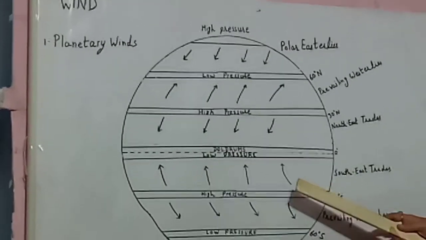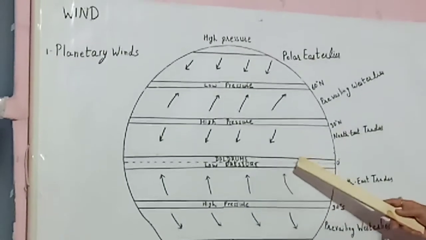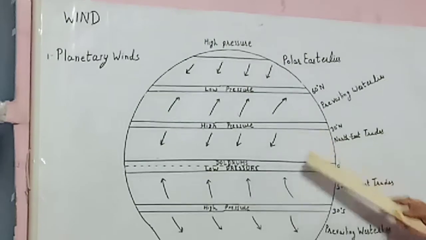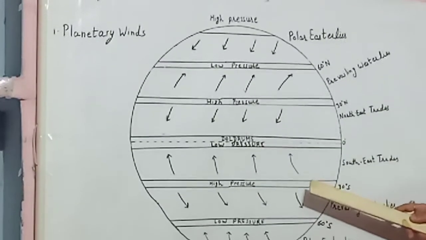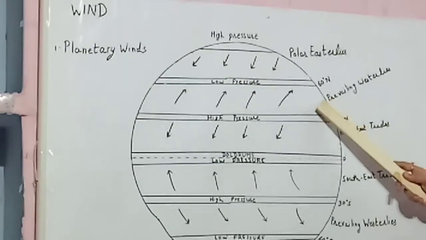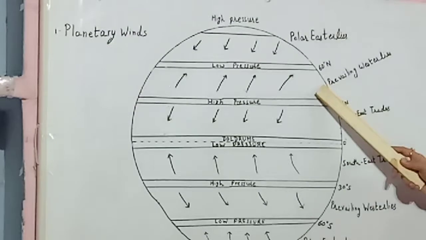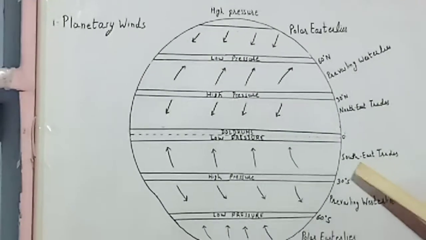These winds blow towards the equator from the northeast in the northern hemisphere, and from the southeast in the southern hemisphere, which is why they are known as northeast trade winds in the northern hemisphere, and southeast trade winds in the southern hemisphere.